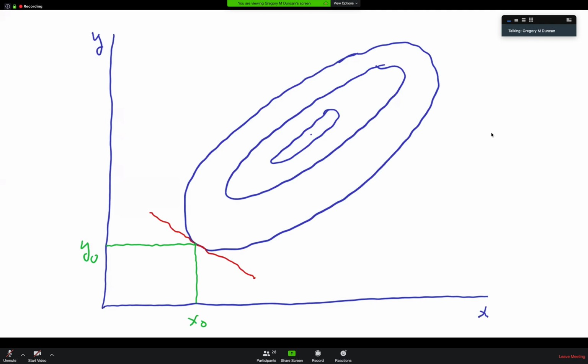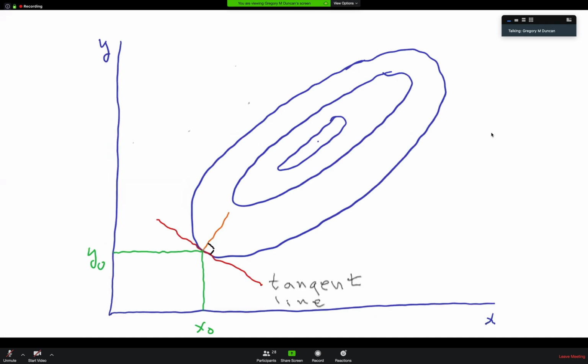And what I'm going to do is take a point x0, y0, and that red line is supposed to be tangent to the level curve at x0 and y0. Okay. And now I take the normal to that tangent line.